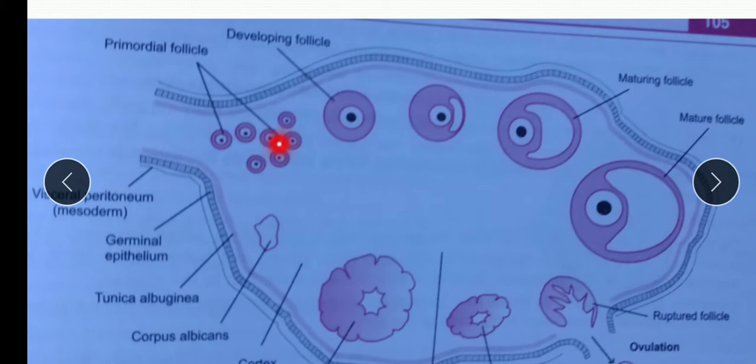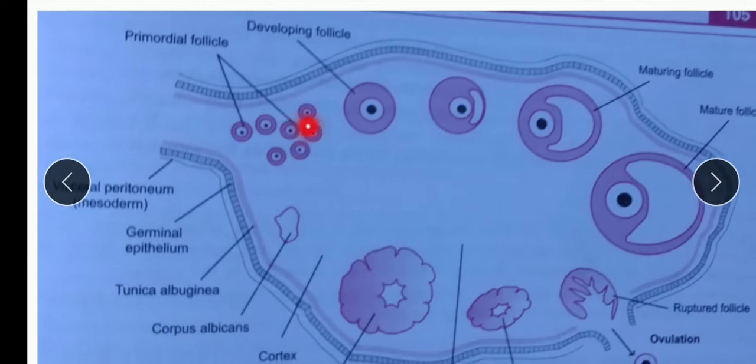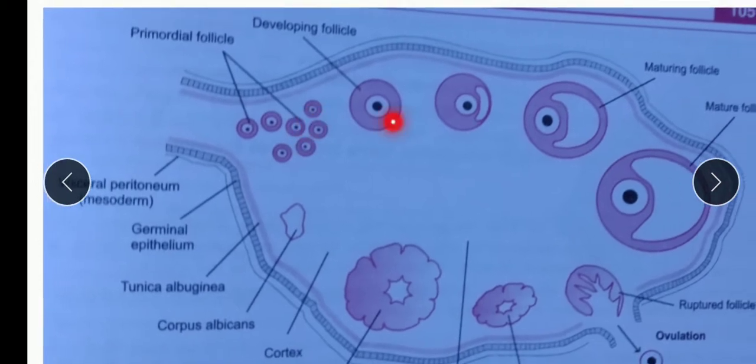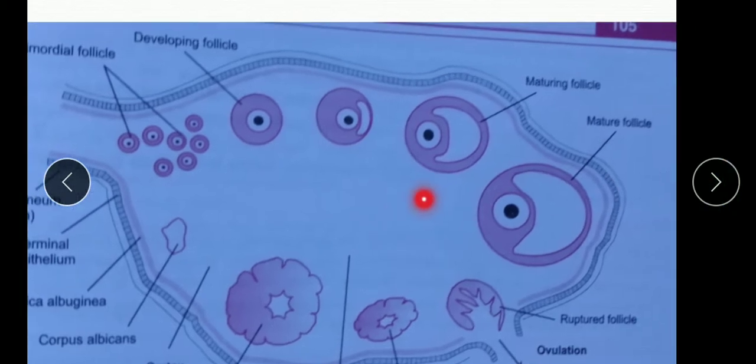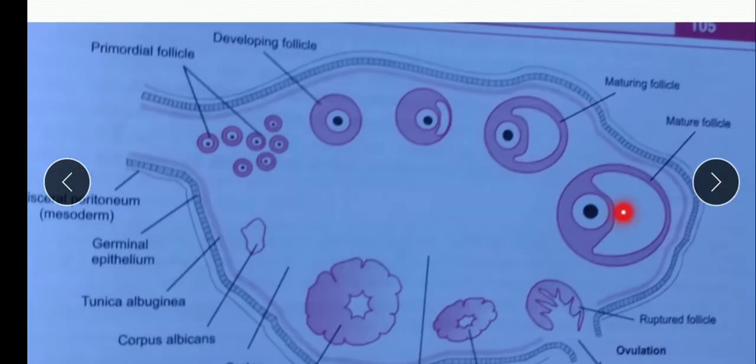After puberty, at each menstrual cycle, one of these follicles begins to mature under the effect of FSH, that is follicle stimulating hormone. It develops into the secondary follicle, which further develops into the tertiary follicle. This tertiary follicle is known as the Graafian follicle. This is the mature follicle.